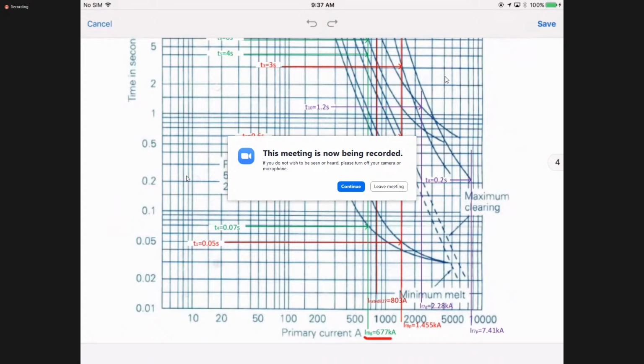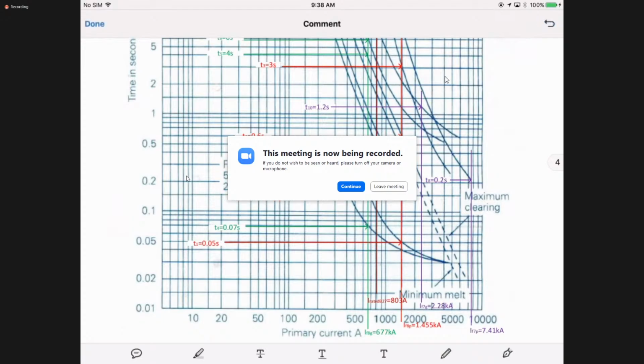For example, in the line to ground fault, now we have two fast curves, two of them. Which one should we use? Because it's a line to ground fault, we are using the ground one, not the phase one.